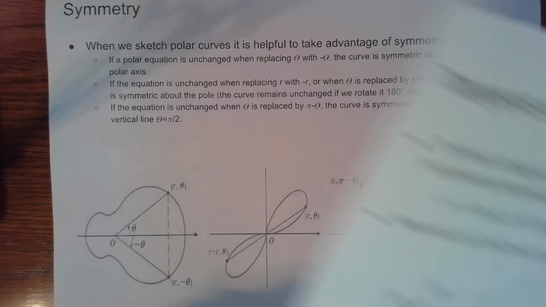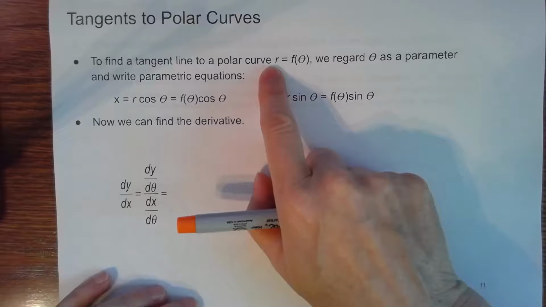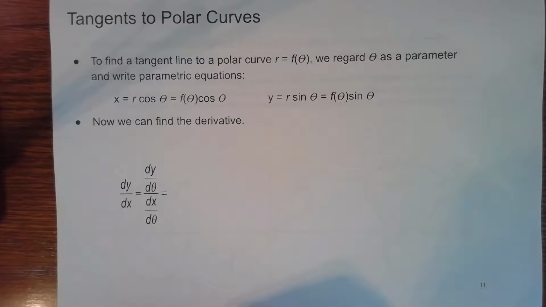So now that we've looked at polar equations, we want to be able to do calculus on them. So let's say we wanted to find a tangent line to a polar curve written with r as a function of theta. What we can do is regard theta as a parameter and write parametric equations as an equivalent form of the polar equation.